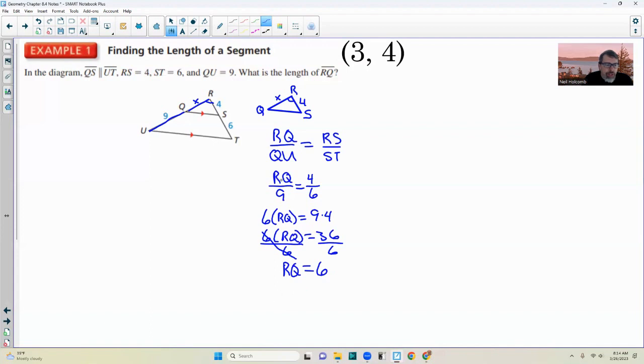Or we could have just seen that 4 over 6 reduces to 2 over 3, and 9 over 6 also reduces to 2 over 3. Either way you look at it, this is how you do it. We found RQ because we set up a proportion of the two sides that create the common angle R. So now you should be able to do problem numbers 3 and 4 in your exercises.